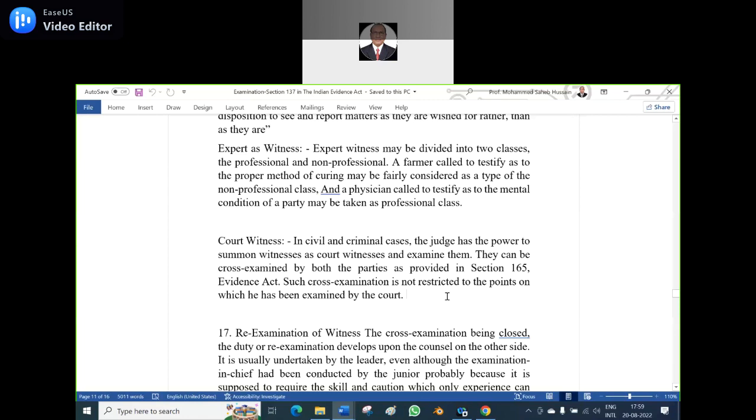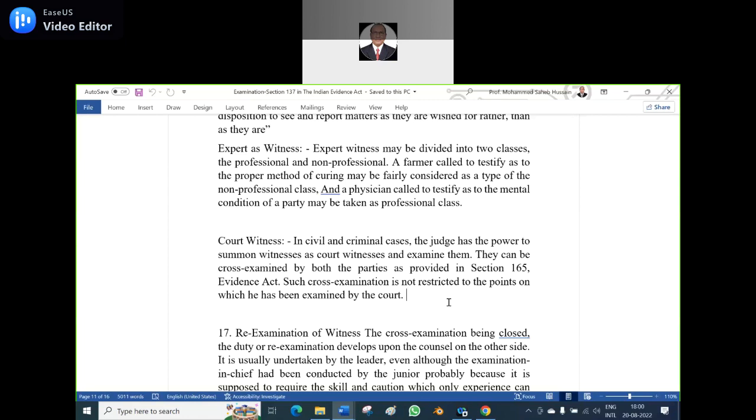Now the question comes: generally, the witnesses are introduced by the parties, those who are calling them to give their testimony. Then what is the court witness? At that instant, a judge has the power to summon witnesses. Some other witnesses, a judge will summon, and such witnesses are called court witnesses. Not the parties who will produce them. Am I right?